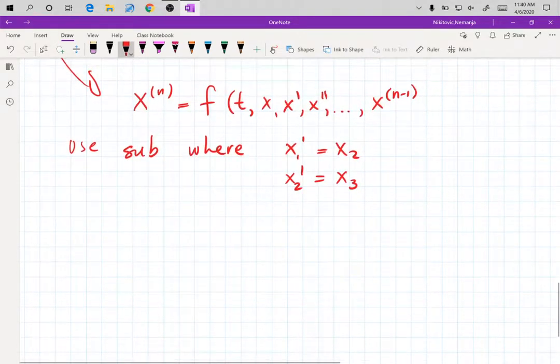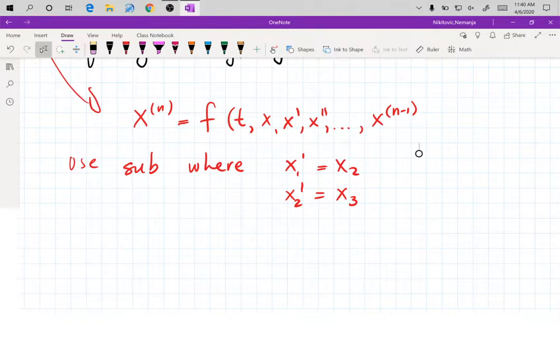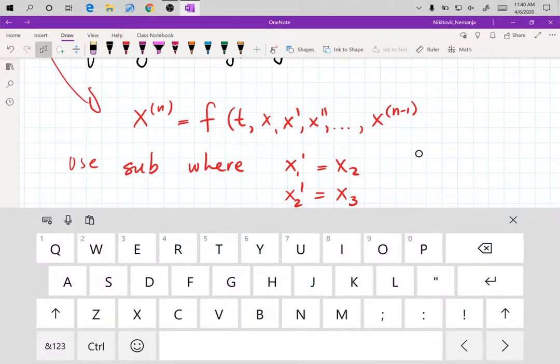So you can put the systems together into a single equation, or you can take a single equation and break it into systems.